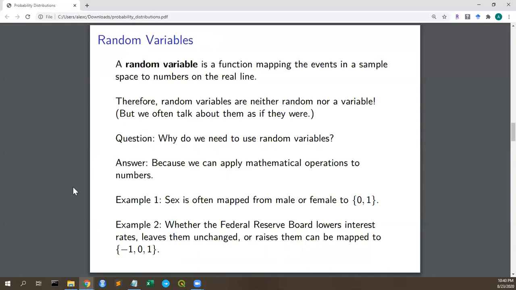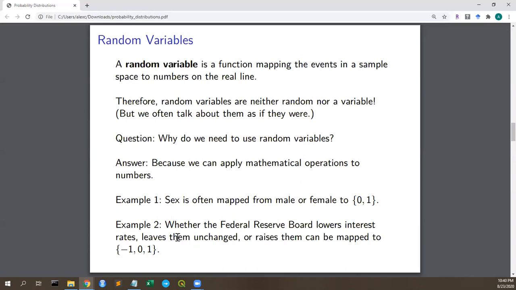Like an example, I think this last example is pretty good. Whether the Federal Reserve lowers interest rates, leaves rates unchanged, or raises them. So these are 3 possible outcomes. This is the sample space of lower, do nothing, or raise them. Well, for these events, we have to map them to numbers so we can analyze them, right?